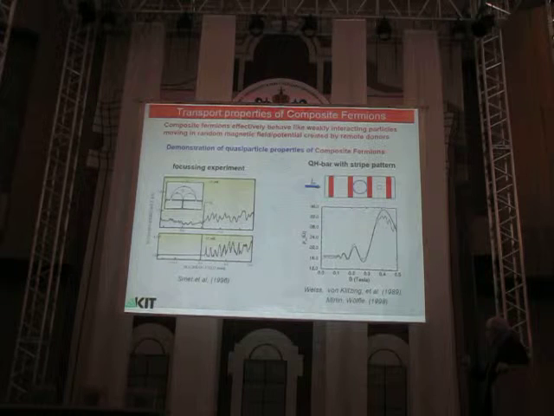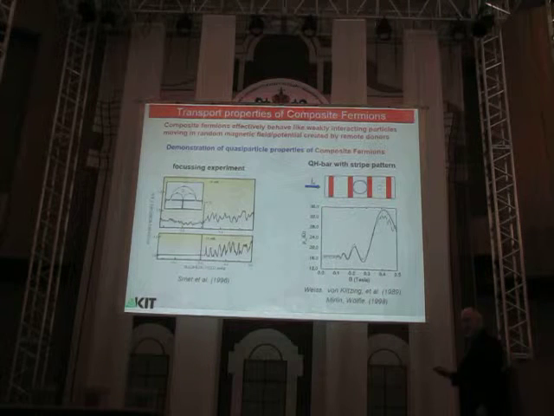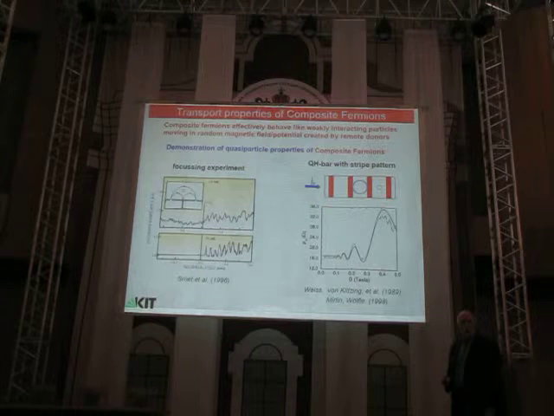Okay, just to demonstrate that these particles are behaving like particles in a weak magnetic field, you can look at the focusing experiment. You send a current from here, and you have a drain here, and you do this as a function of magnetic field.